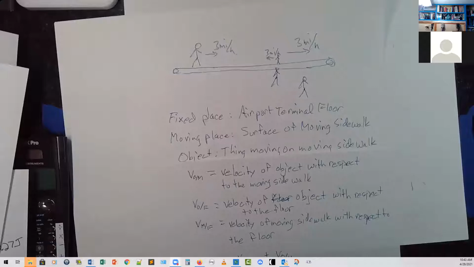Sometimes there's staircases right next to escalators, and you can be at rest with respect to a person standing on the stairs if you're stepping downward on the up escalator.